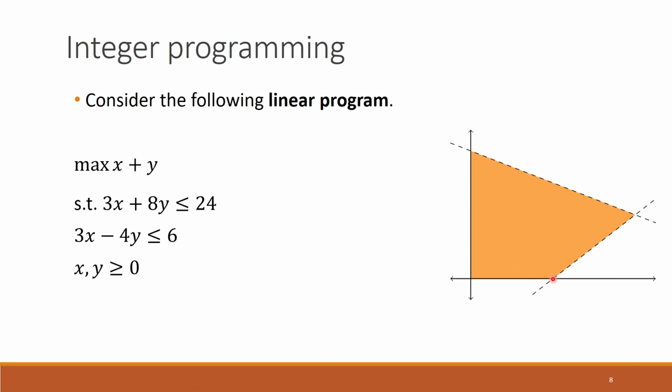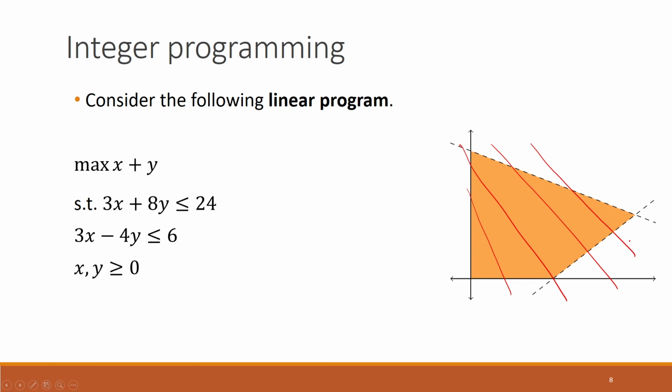This is the feasible region, given by yellow here. It may not be very difficult to see where the optimal solution will lie. As we had seen, the optimal solution for a linear program will be at one of the extreme points. If you plot the contours of this function x plus y, it will increase in this direction.